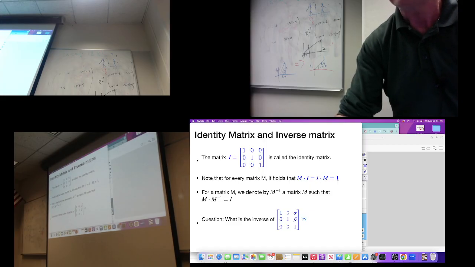Equals the one matrix. And for all the matrices we have seen so far, we had an inverse, M minus 1.